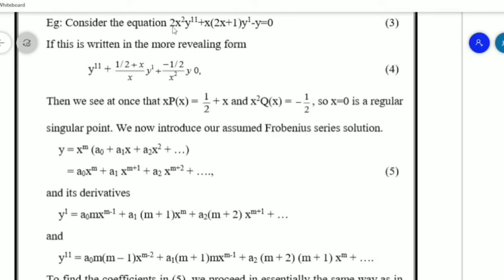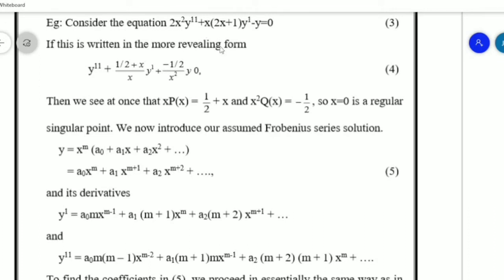So the given equation is 2x squared y double dash plus x(2x plus 1) y dash minus y equal to 0. First of all, we have to check whether the given point is a singular point or an ordinary point.